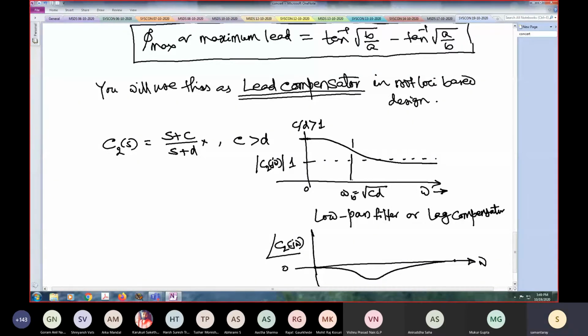It will be like this. Exactly at the breakpoint, WB, you get phi max, or the maximum phase lag.